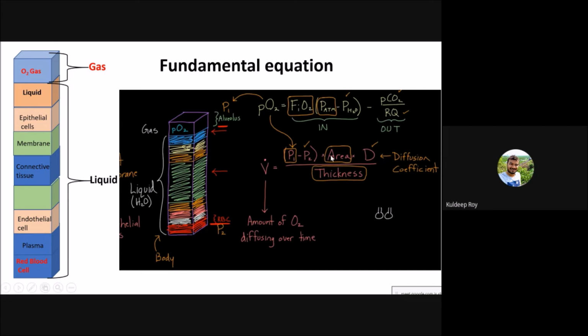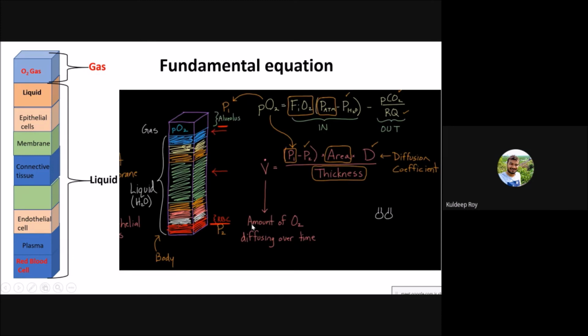Now you can see from the expression that if you increase the area, the diffusion of oxygen will increase. And one more thing, P will be pressure, how much pressure is entering into your alveolus. This will also be a determining factor for the amount of oxygen.